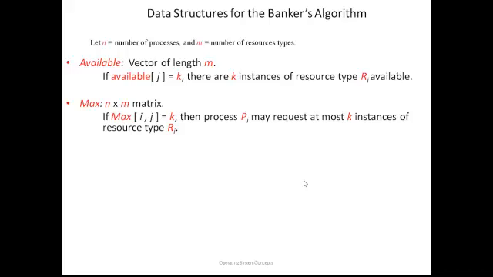Then maximum is defined by an n times m matrix. If maximum[i][j] is equal to k, then the process Pi may request at most k instances of resource type Rj.